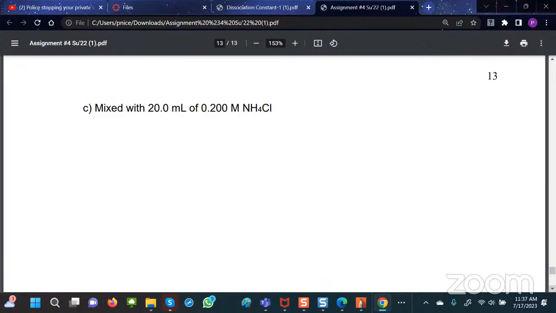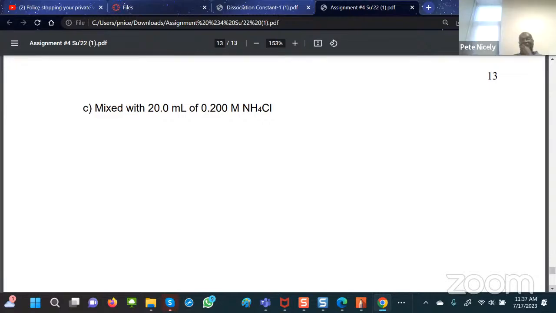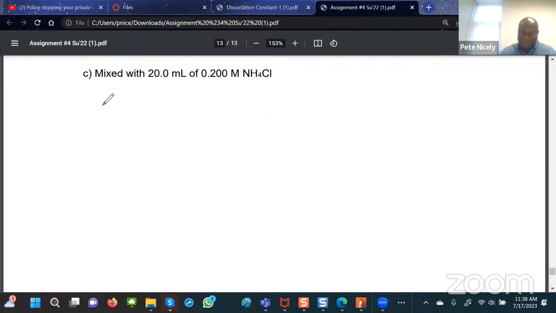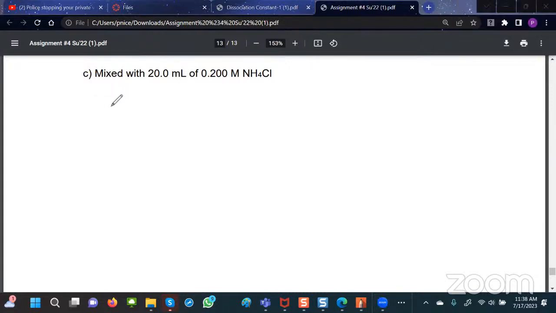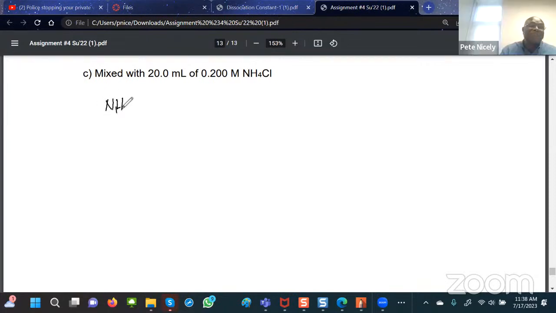You would make an equation. Okay. I wouldn't start there, but okay, let me see if I have enough space to do this. So what would be the equation? NH3 plus NH4Cl. Nope.